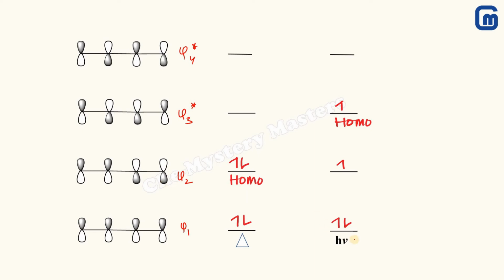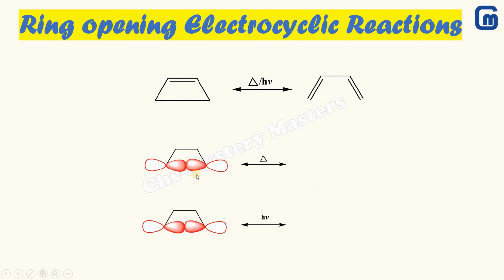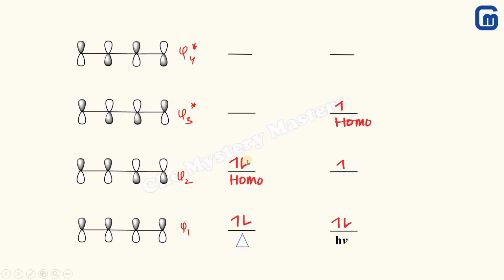Similarly, when we carry out the ring opening reaction in presence of light, the symmetry of this HOMO, that is psi3 star, will be observed in the product. So if we carry the reaction in thermal condition, we should get the product as psi2, that is the HOMO in thermal condition.